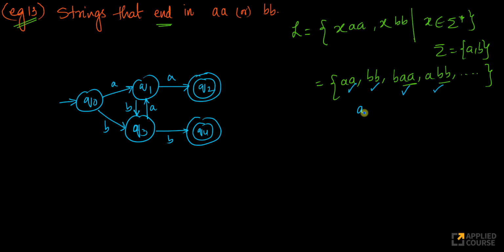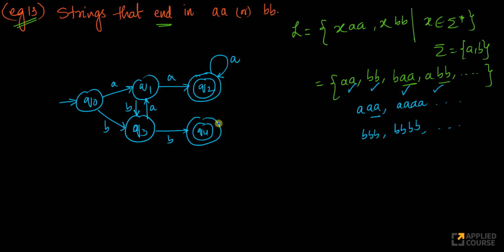AAA should be part of this language, because it ends in AA. So if I have AA and then again A, it makes sense. Similarly, if I have BBB or BBBB, all of them should also be accepted.